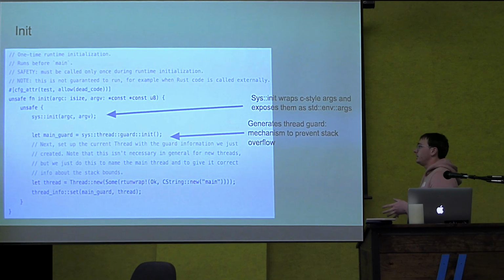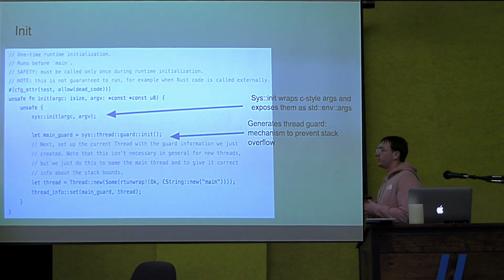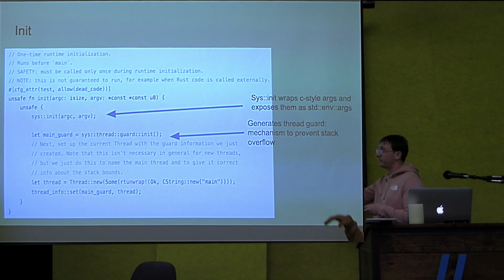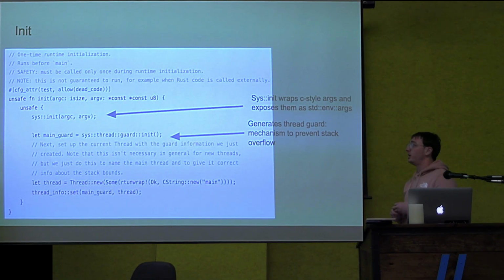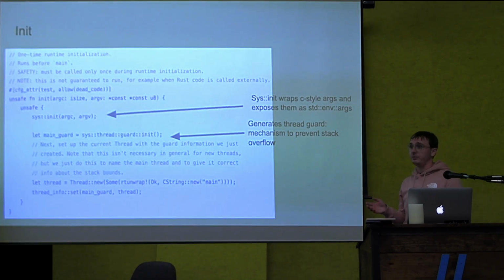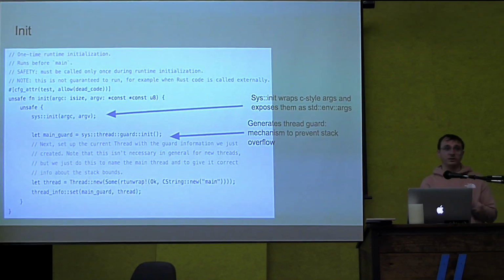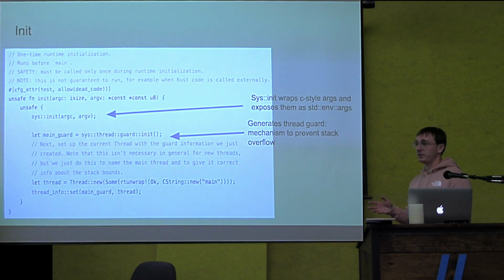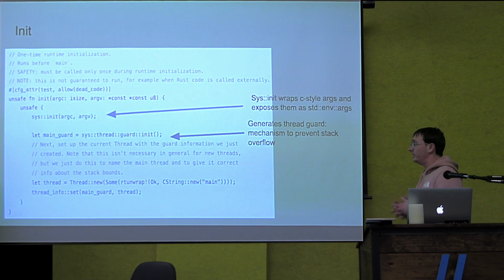For a lot of this code, I'm glossing over a lot of the details that lie under the surface, because if you actually look into what, for example, sys init does, it's very heavily platform dependent. There is a completely different init function for Windows, Unix, Darwin, etc., and the functions themselves are dramatically different. It will probably be another hour of talking about this.